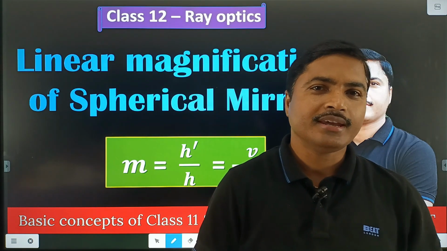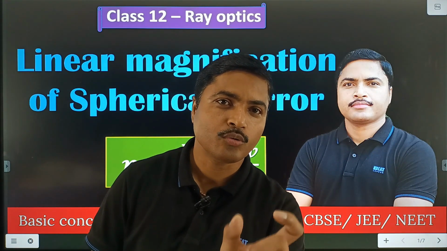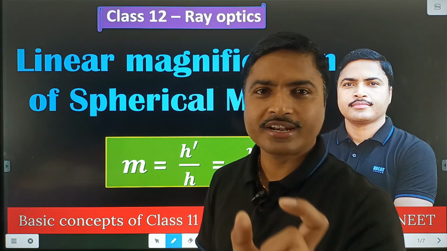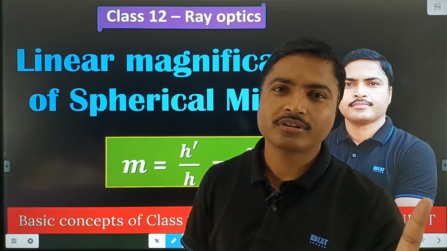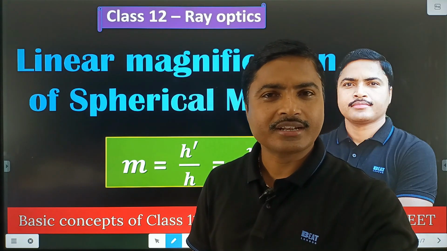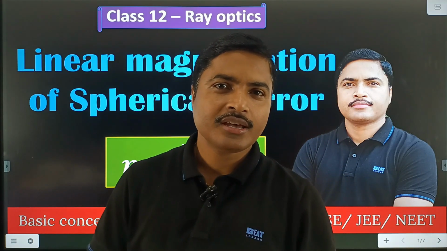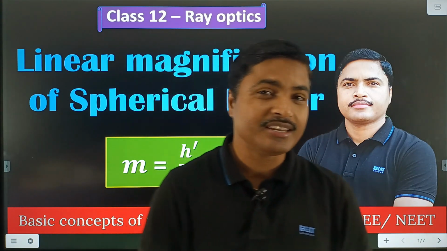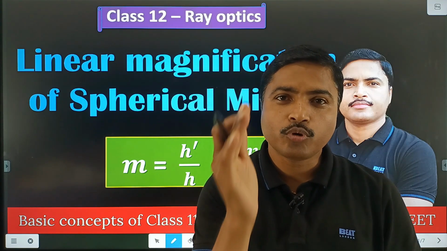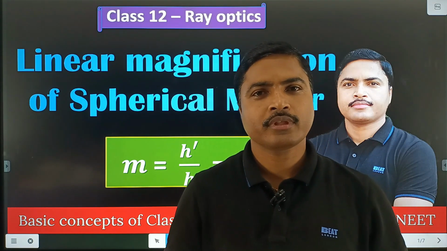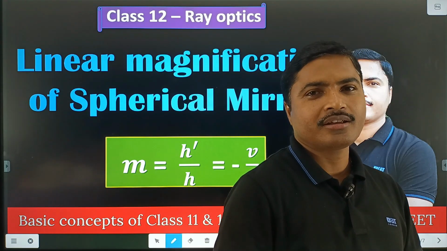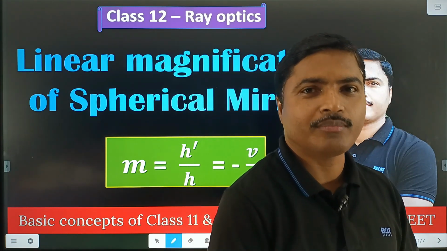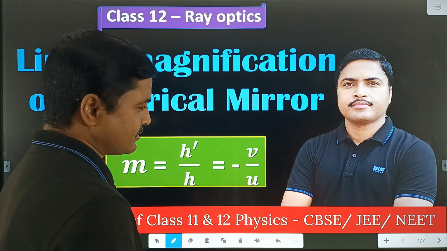In the case of a concave mirror, we get a real and inverted image if the object is between infinity and the focus, and we will get a virtual and direct image if the position of the object is between the focus and the pole. Similarly, in the case of a convex mirror, we always get a virtual and direct image.